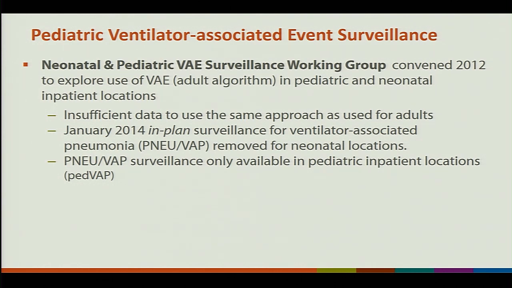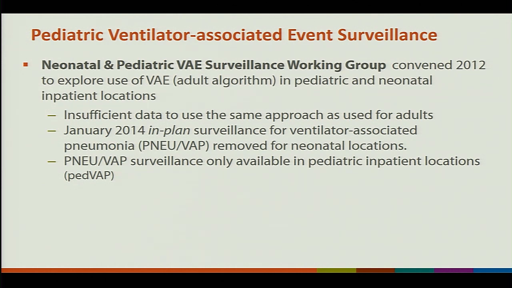So in 2012, which was even before adult VAE rolled out for NHSN, there was already a surveillance working group pulled together, composed of not just CDC folks, but folks outside of CDC who have an interest and specialty in neonatal and pediatrics, looking at whether the VAE algorithm, which had not yet rolled out, would be an option for the pediatric and the neonatal population.